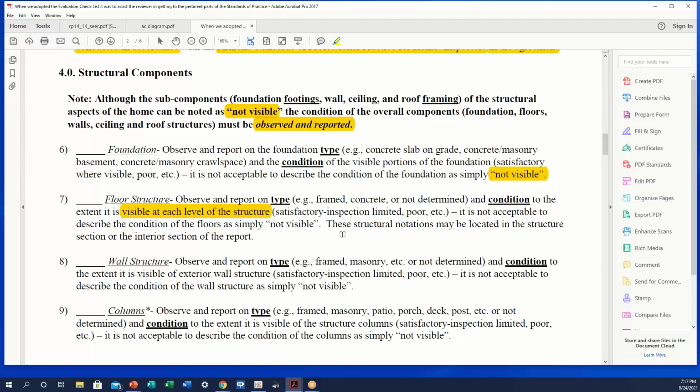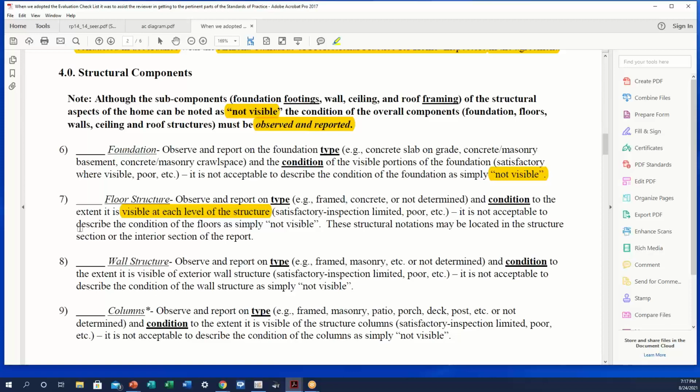But on residential, it's going to be framed. It's either framed or concrete. Or you can say not determined, but you can't say not visible. It's telling you what the wording is, so you can copy and paste this wording and put it in your report.